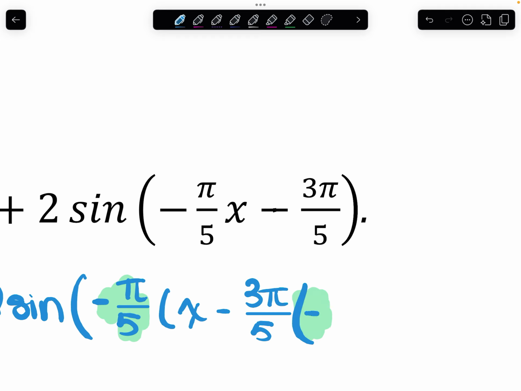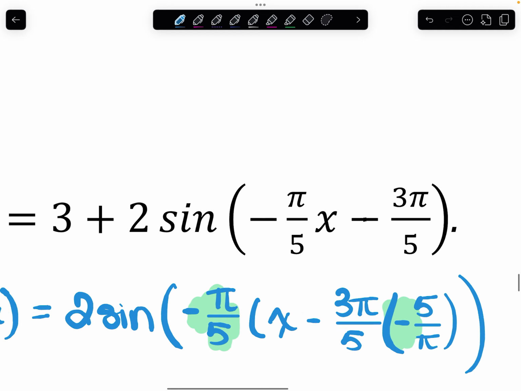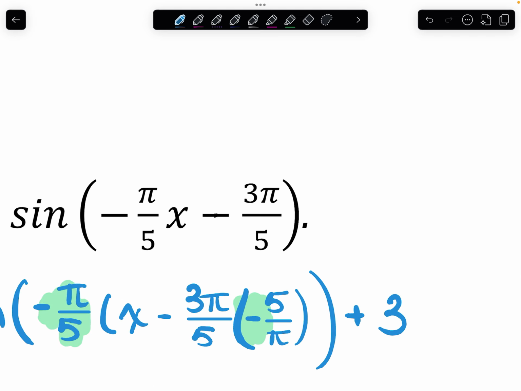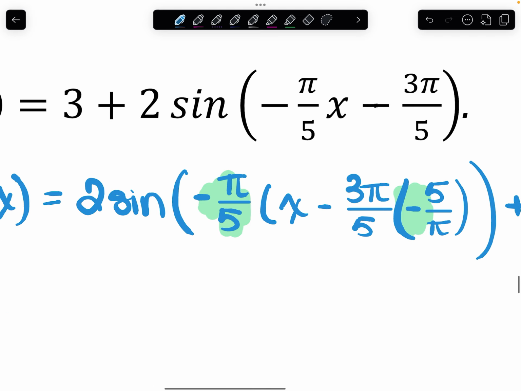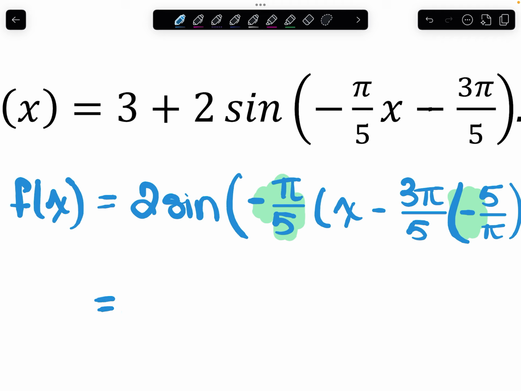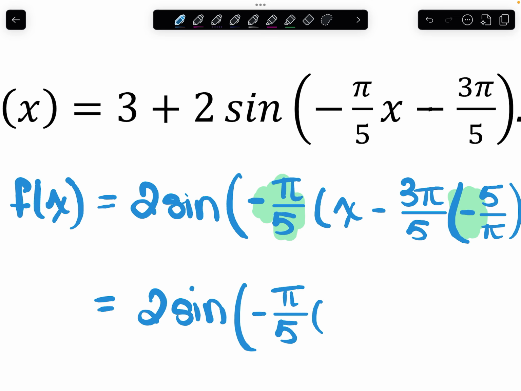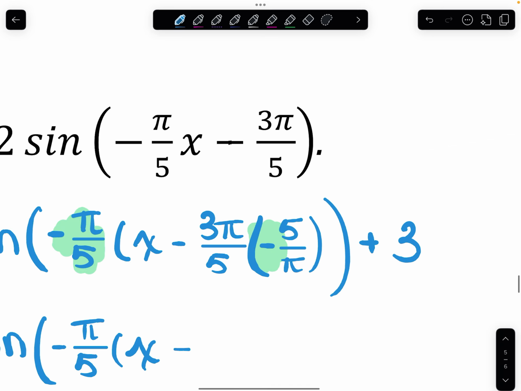It's -5 up, π down. And then that 3 goes at the back. Right: 2 sine -π/5 times the quantity x minus, the 5's drop, the π's drop, double negative makes a plus 3.